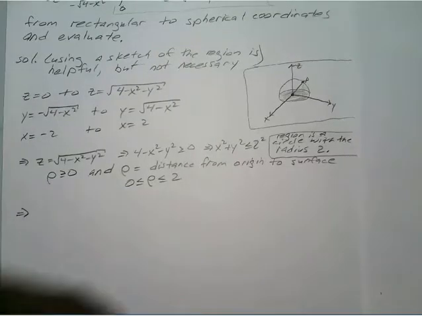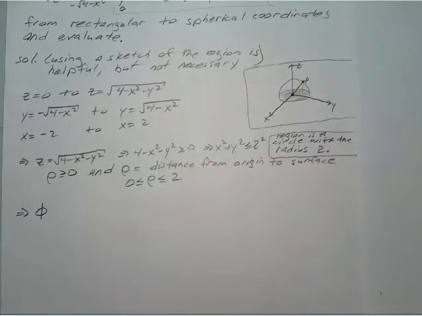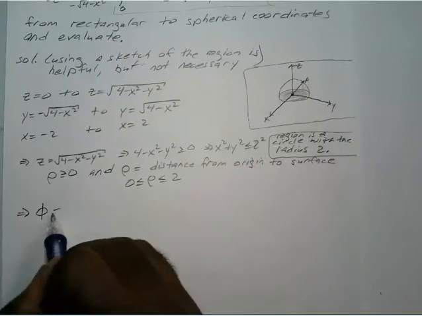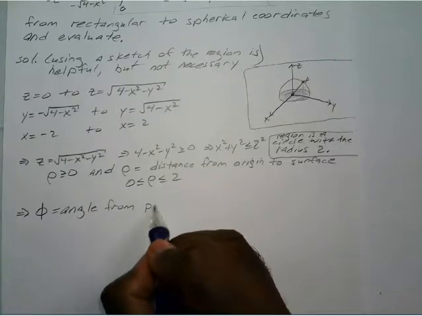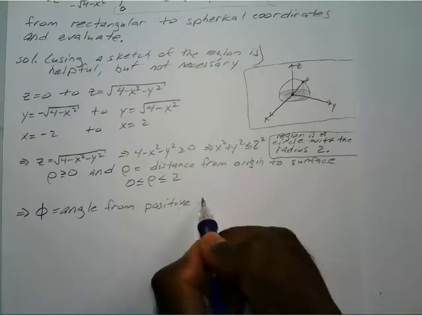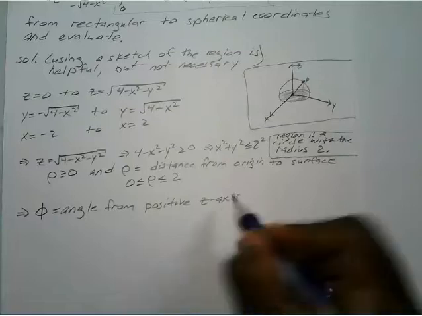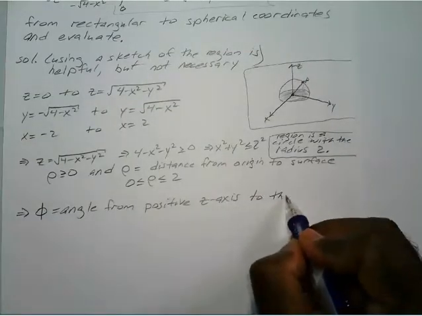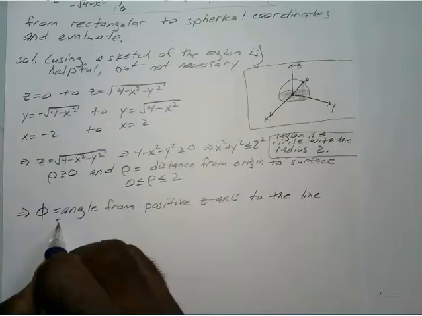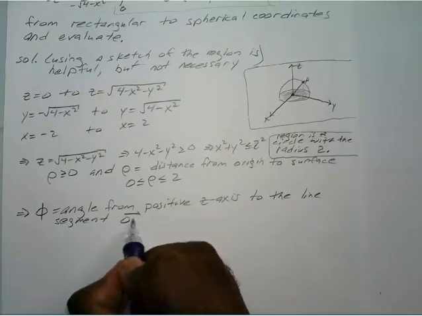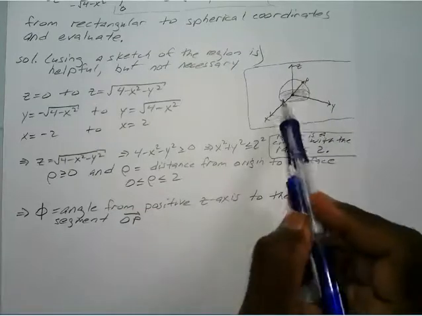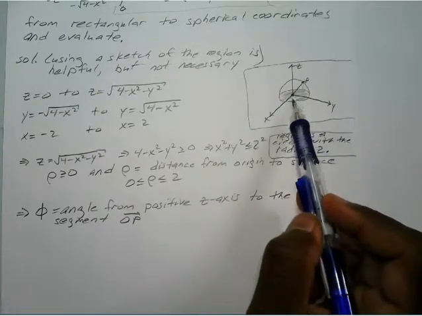So now we look at our phi. Okay. Now this is where the graph really helps, because remember, this is just the angle from the positive z-axis to the line segment from the origin to our point P. And remember that P could be literally anywhere as long as it's greater than 0.